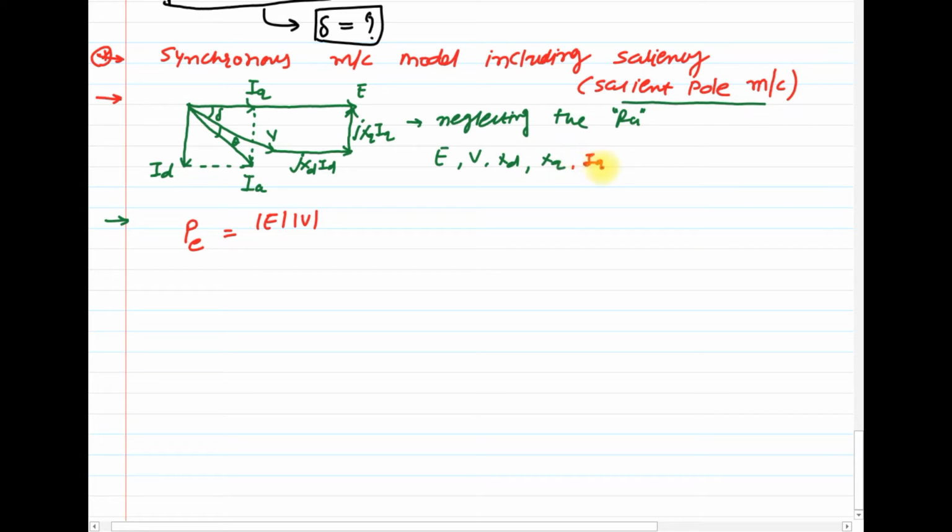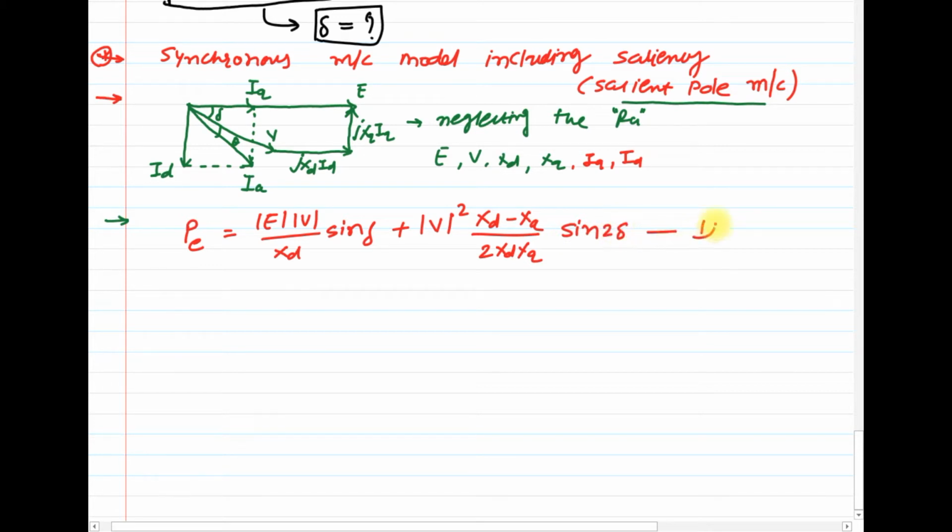Power generated by the salient pole machine under steady state operating condition is P equal to EV by Xd sine delta, plus a term that is introduced only because of the saliency effect: V square into (Xd minus Xq) divided by 2XdXq into sine 2 delta.